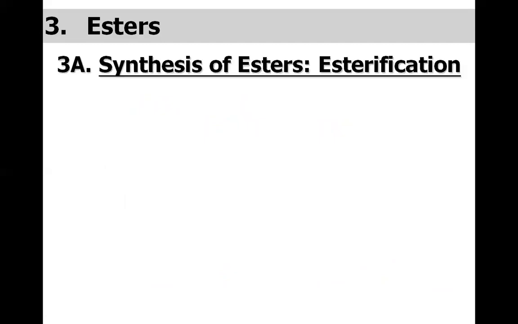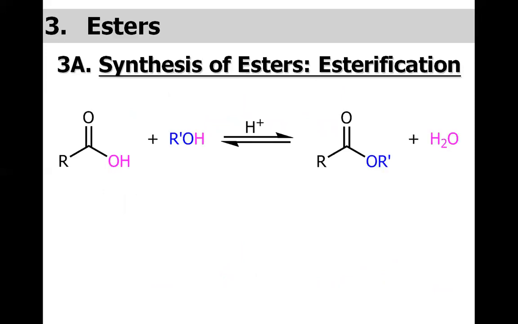Now let us discuss the chemistry of ester. The synthesis of ester is very common when we treat the carboxylic acid and alcohol under acidic condition. We have the ester formed. This process is called the esterification process, and this is an acid catalyzed reaction.